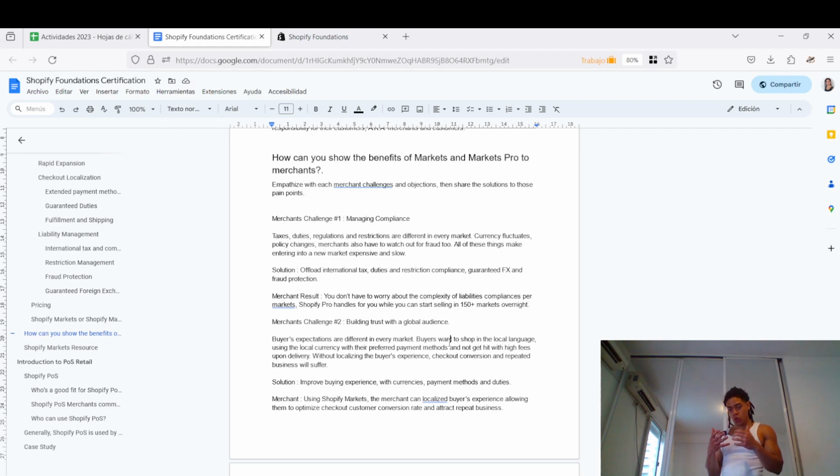And if you don't provide a localized experience, checkout conversion and repeated business will suffer. So these two variables are something to take into consideration: repeated business and checkout conversion.